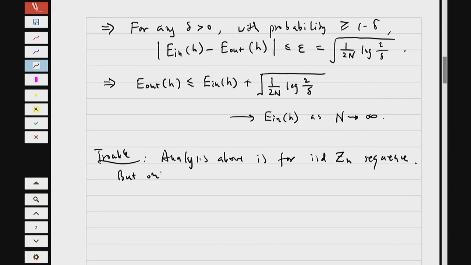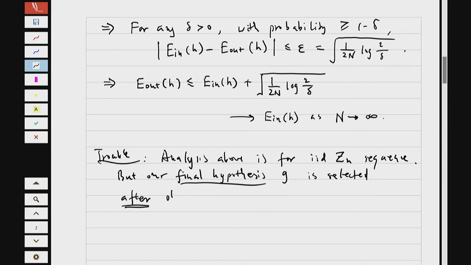But our final hypothesis does not give you that. g is selected after observing D.